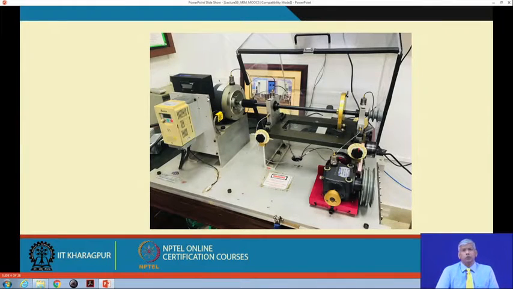So, all sorts of tests can be done using such a system, and this is very favorite amongst the students to generate signal and so on, wherever they need to have nice signals in a controlled laboratory environment to develop signal processing algorithms.